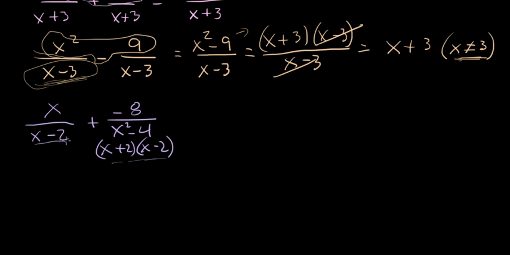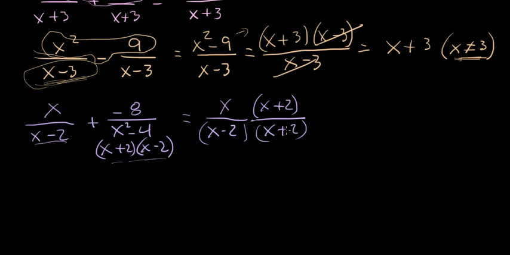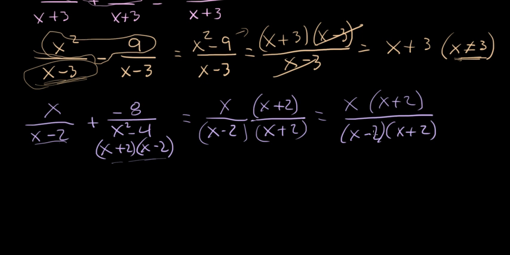That means if I multiply the first rational expression by x plus 2 over x plus 2, then I will have x times x plus 2 over x minus 2 times x plus 2. Now this is equal to this. Not as simple, but it is equal to that.